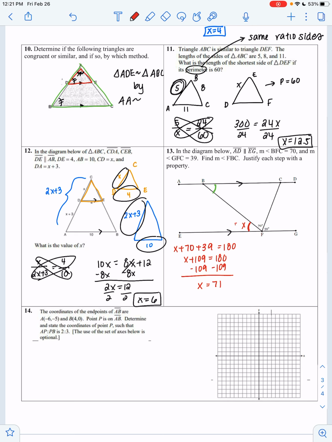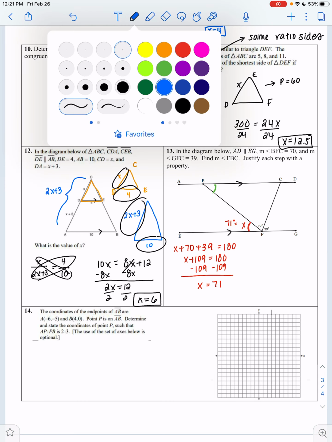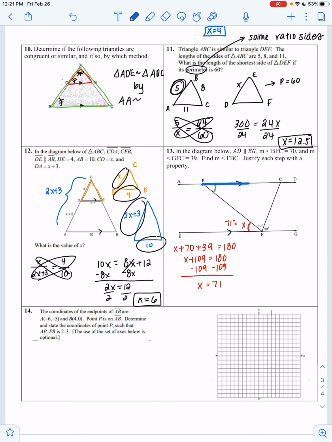So this angle here is 71 degrees. And now that we have parallel lines, we're going to make our z to find our alternate interior angles. So I know that this angle that I'm looking for right here has to be the same as the angle that I just found. So measure of angle CBF must also equal 71 degrees.